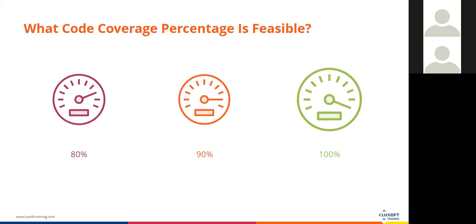This is ideal, but generally not touchable. What I can tell you from my experience is that 90% is not only feasible, but it may even be a part of the definition of done.